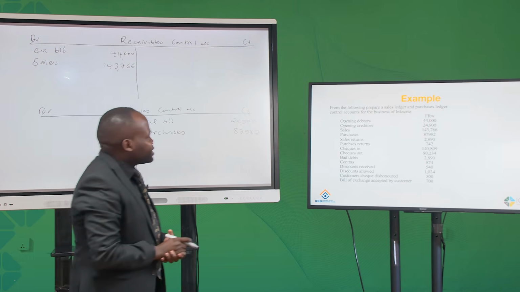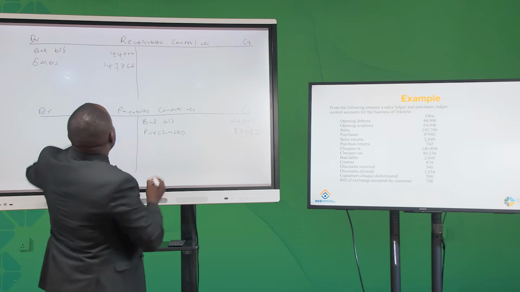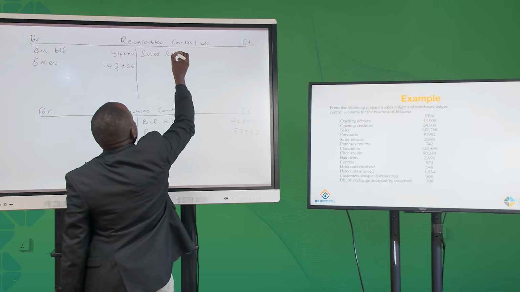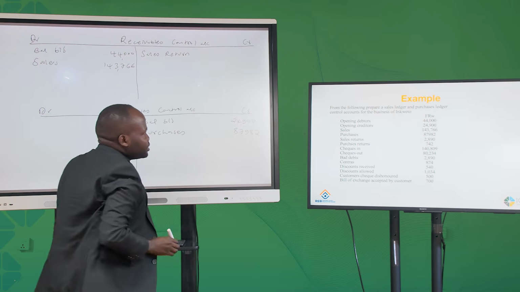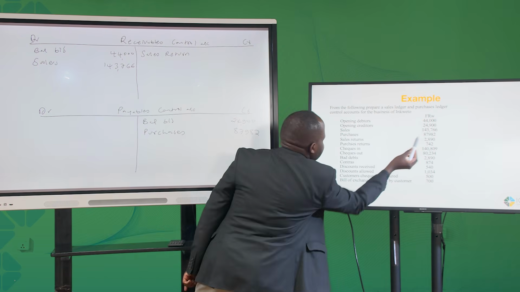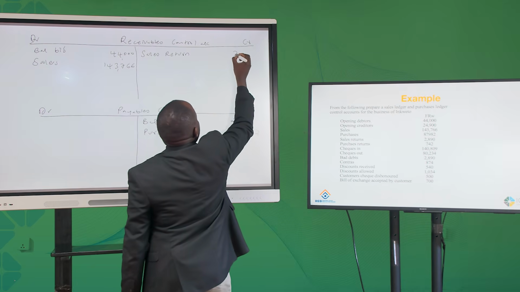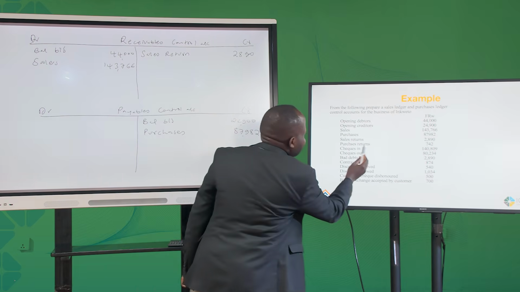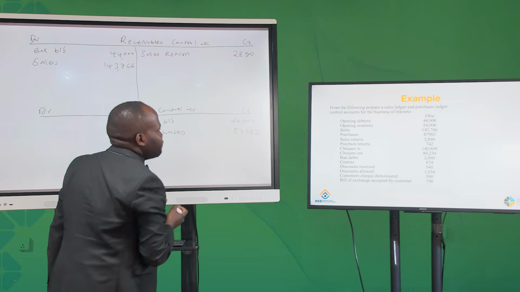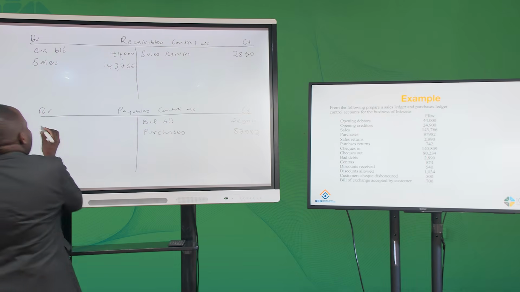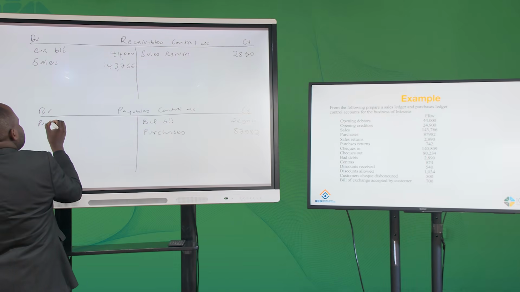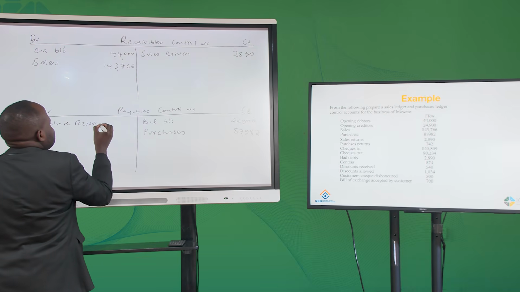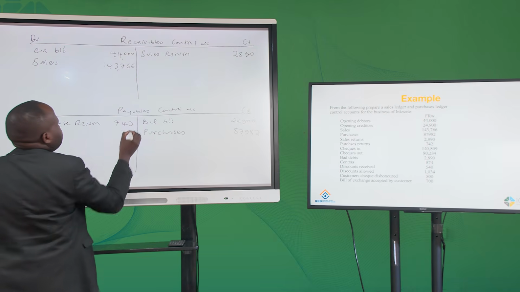Next, sales return. It reduces these. Sales return is 2,890. Next, purchase returns, 742.